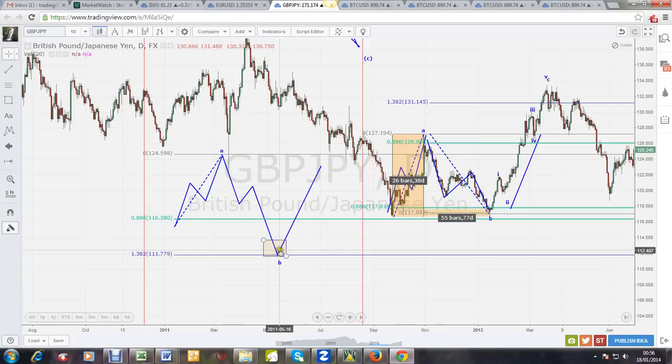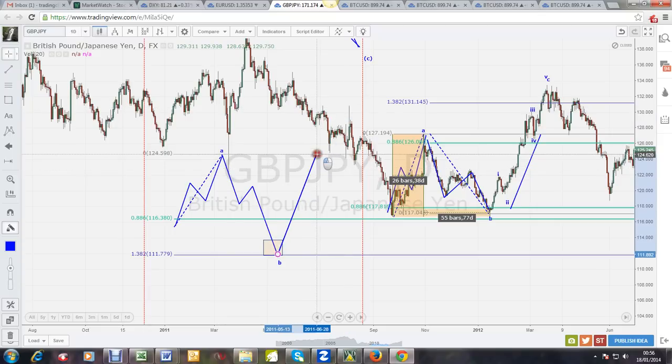So at this point you will be looking for going long, and your expectation would be that it will at least come back to this kind of structure, or probably back to the high. That would be your expectation, and it could go beyond that. Then that would be a bonus.